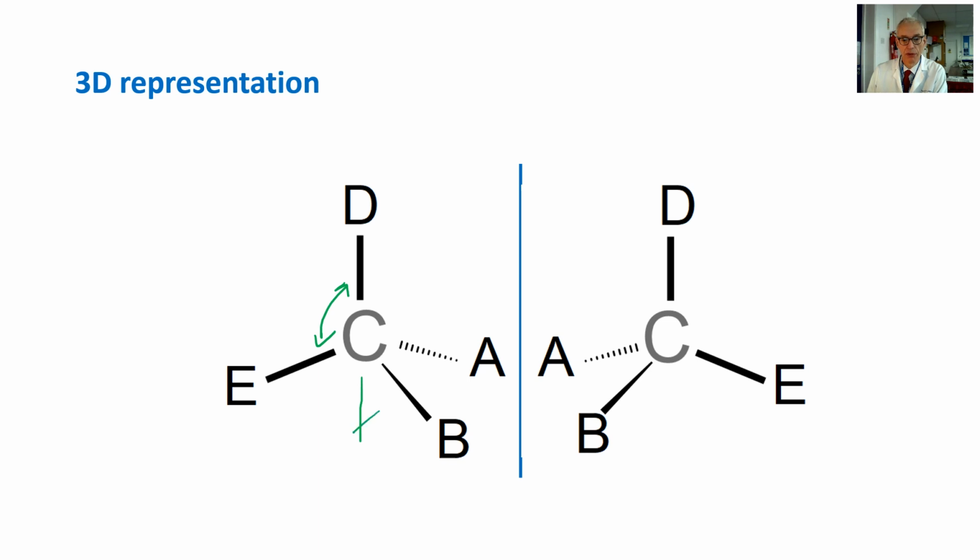So that would be wrong. We require the bond to be off at an angle. So this bond angle here must not be 90, and this bond angle here between C and D and the imaginary position for B must not be 180. We must show some way of representing the triangular base of a tetrahedron.